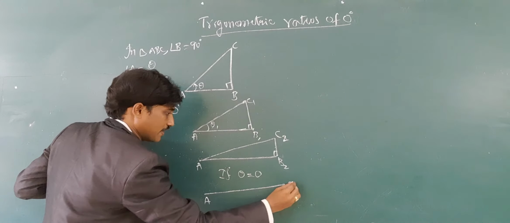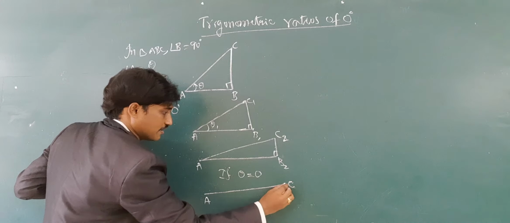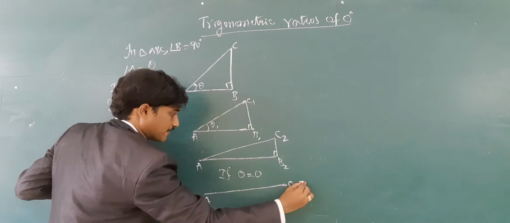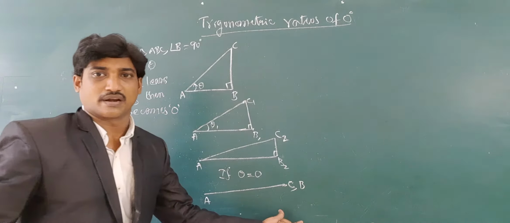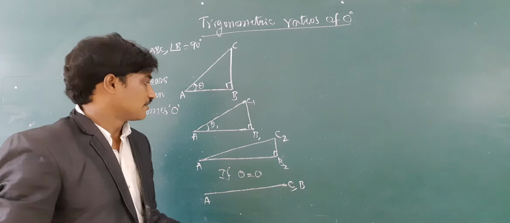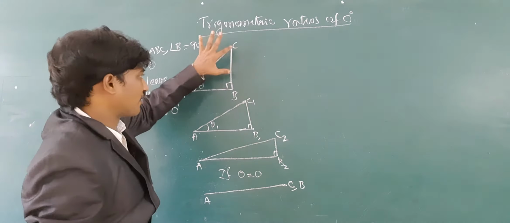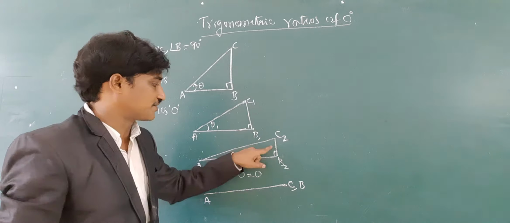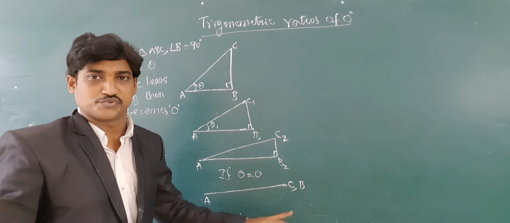AC falls on AB, position of C moves to B. So here length of BC becomes 0. So height BC becomes lesser and lesser and becomes 0.